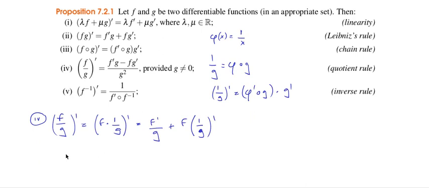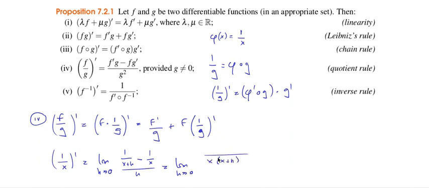Okay, so what's the derivative of this? Let's see, what's the derivative of 1 over x? So this is the limit when h goes to 0 of 1 over x plus h minus 1 over x divided by h. Then we take everything in the same fraction, so we have x times x plus h, and then we have x minus x plus h, all of this divided by h, right?